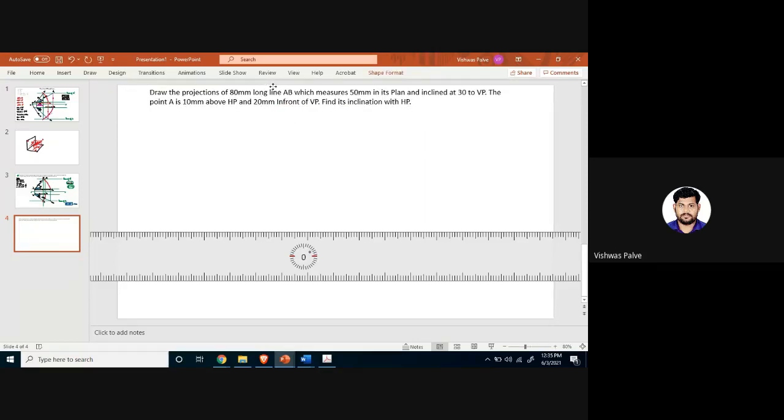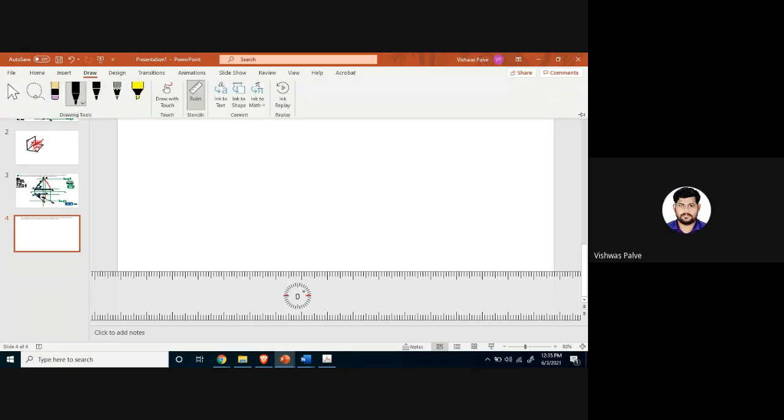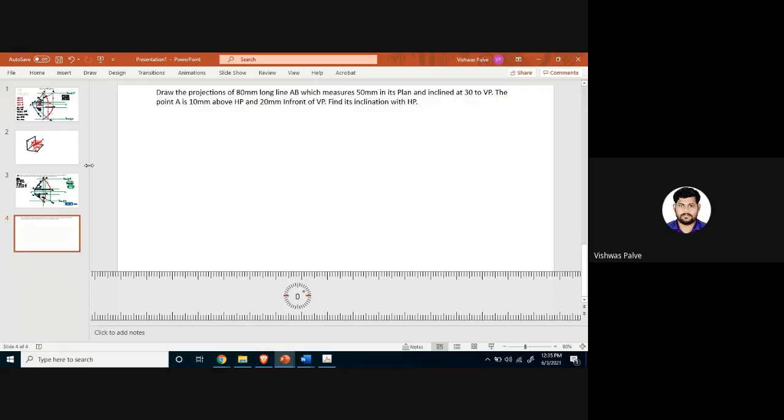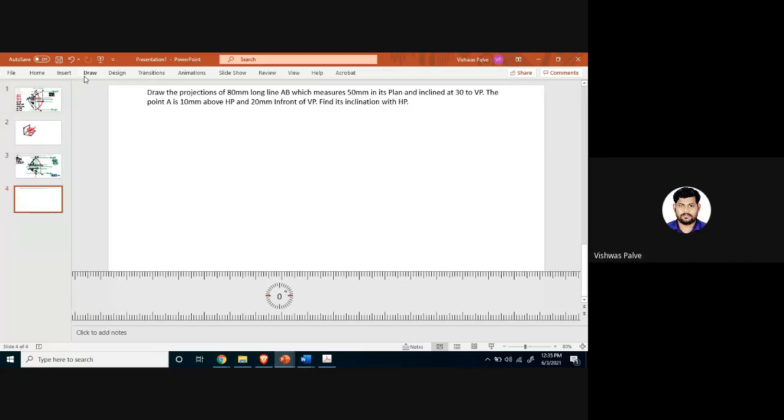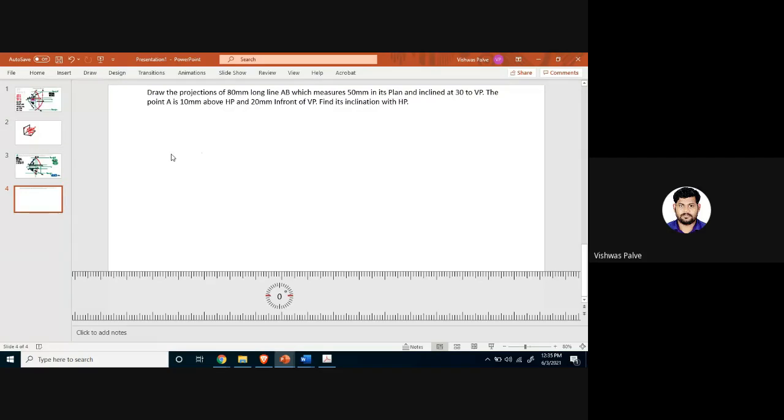Let us first, what we do actually when we write down the question, what is my first step which I do here? Yes, anyone? Data. Yes, we have to write down the data. So the data is, draw the projection of 80 mm long line AB.